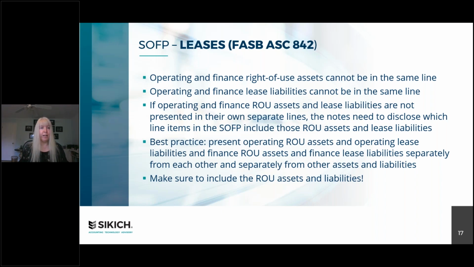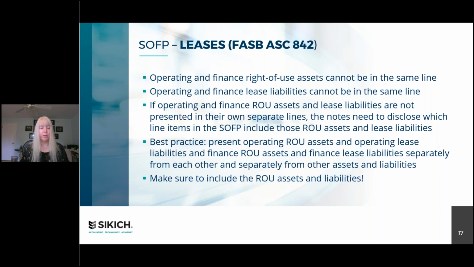Now, if operating and finance ROU assets and the lease liabilities are not presented in their own separate lines, for instance, if your finance ROU assets are included in property and equipment, your footnotes need to disclose which line item in the statement of financial position includes that ROU asset.